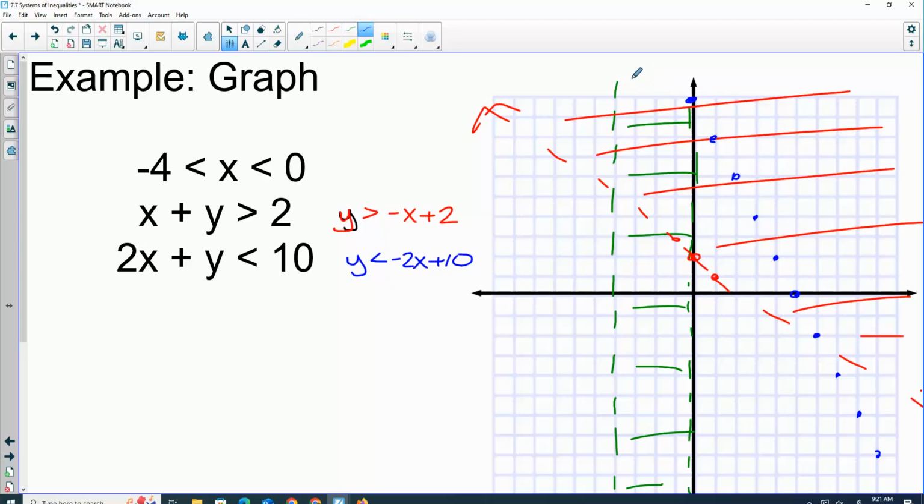No equal to, so again, dash line. Less than is below. So our overlap is this region in between those two vertical lines. Just right there.